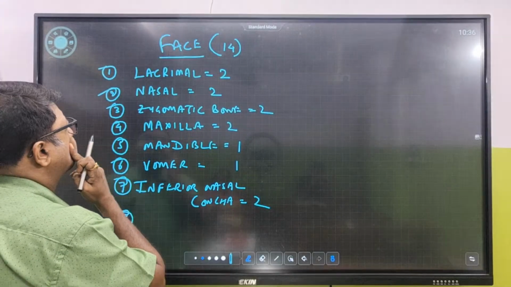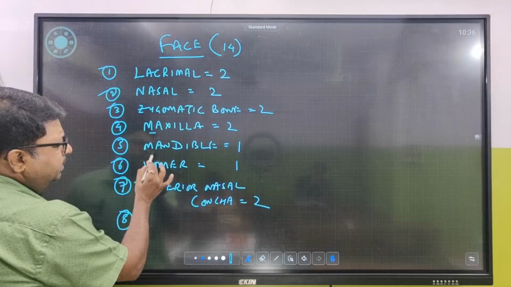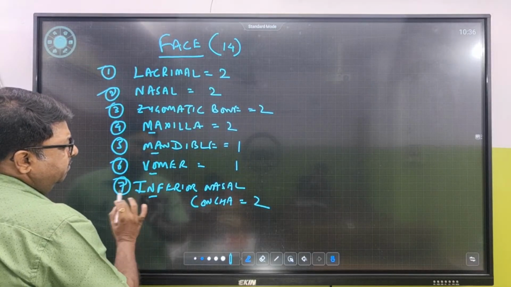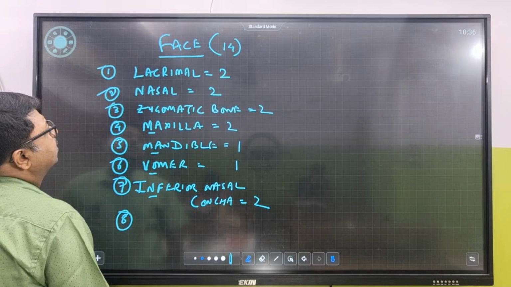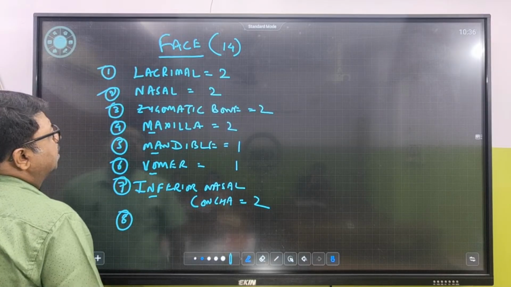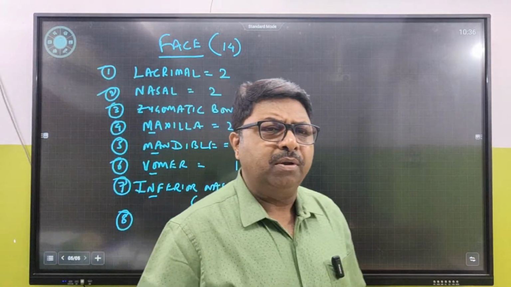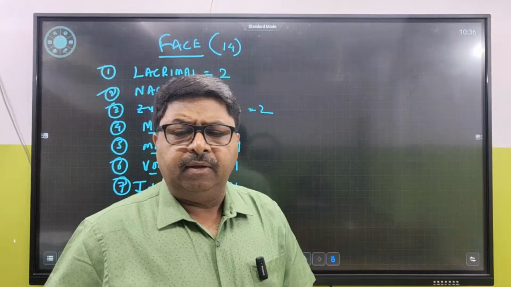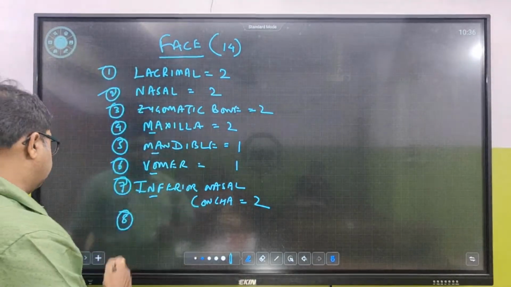Lacrimal, nasal, zygomatic, maxilla, mandible, vomer, inferior nasal concha, and what? What is the next one? No, ethmoid bone is there in the skull. Ethmoid is a part of the skull.